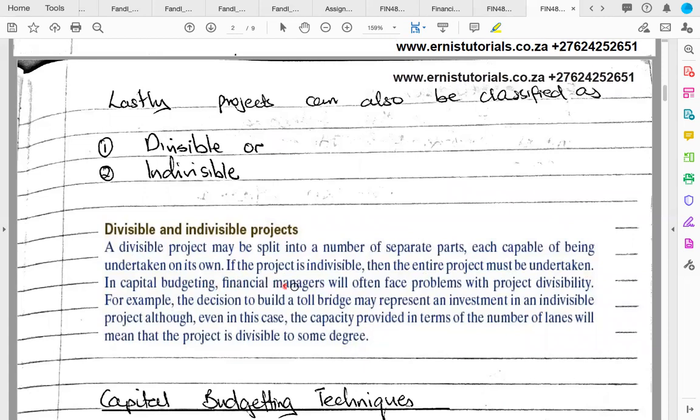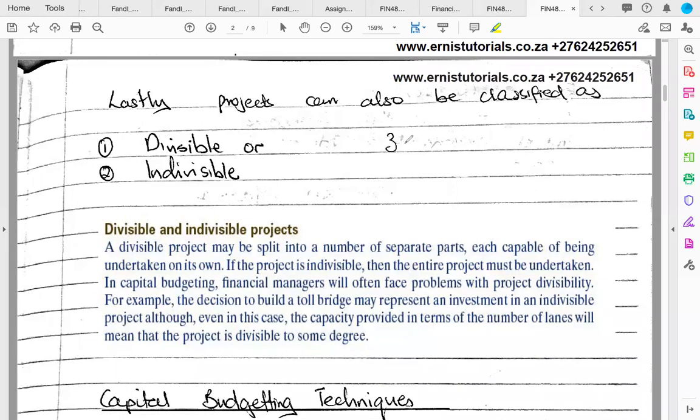In capital budgeting, financial managers will often face problems with project divisibility. For example, the decision to build a toll bridge may represent an investment in an indivisible project. Okay, let me just illustrate through a simple example what we mean by a divisible project or an indivisible project.